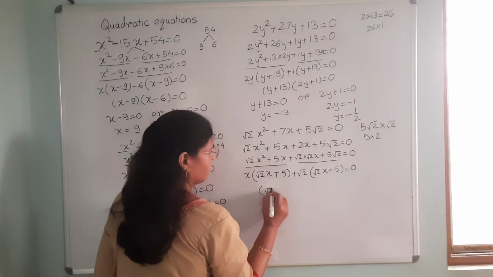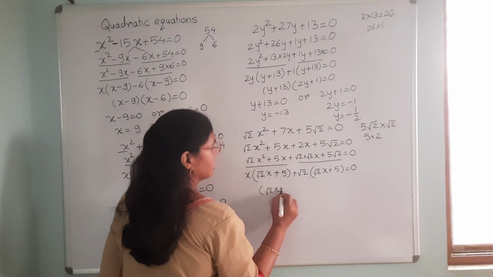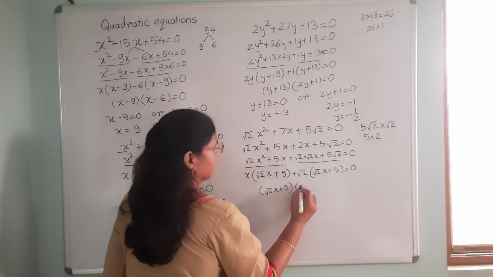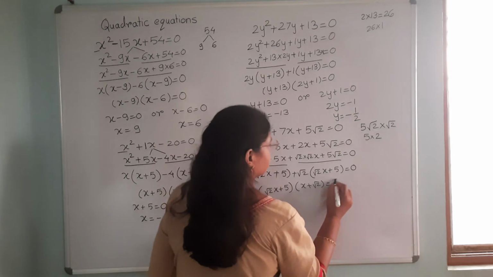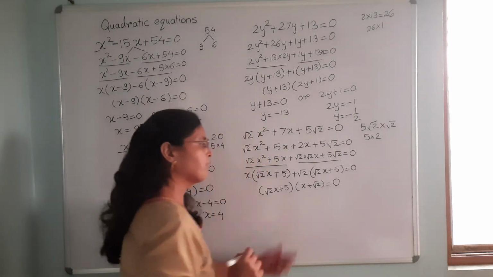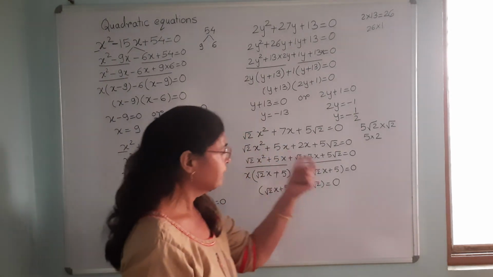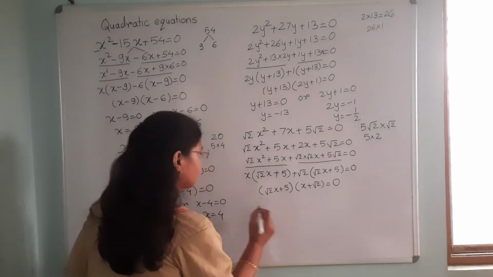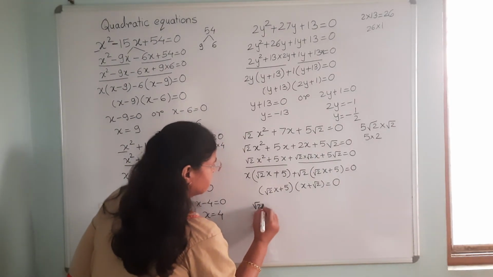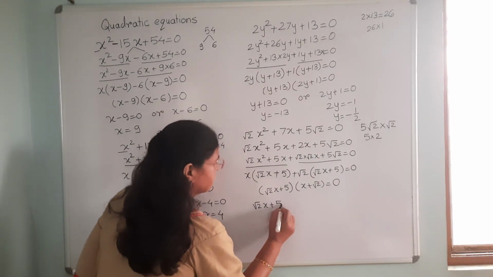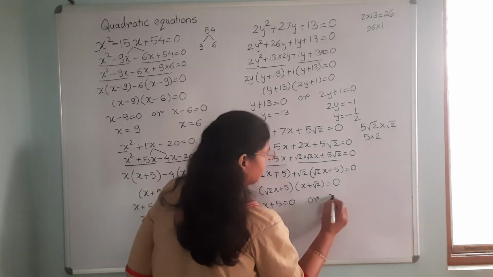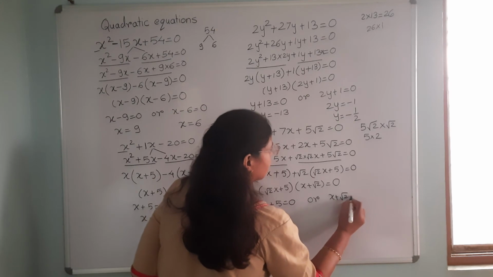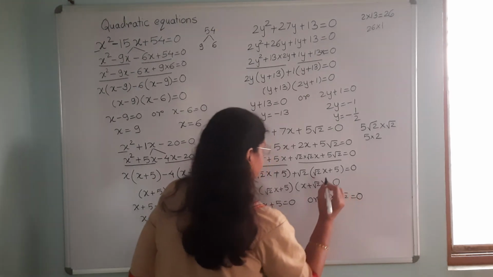Now root 2 x plus 5 and x plus root 2 are two brackets, and the product of these two brackets should be 0. That means either root 2 x plus 5 equal to 0 or x plus root 2 equal to 0.